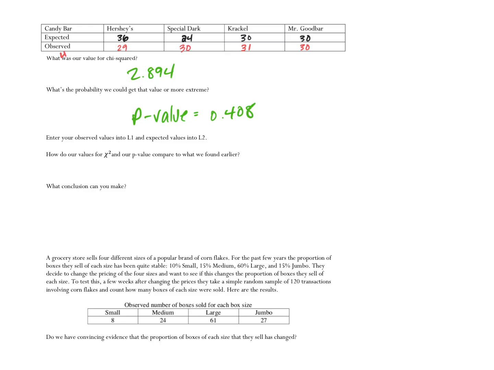So 36, 24, 30, 30. Now, where have we found the shortcut to every test that we've run? We've hit Stat, we arrow over to Tests, and if you scroll down, you will see that option D says chi-squared GOF. Is everybody good?